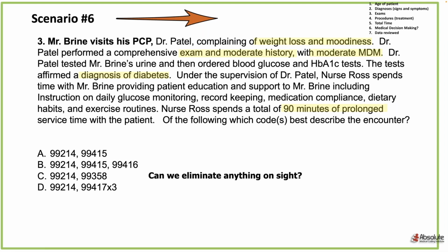The MDM has to be high, and his time has to be documented. We'll talk about that later. But this is wrong, and so is D, because D is also coding for a doctor visit prolonged service. We're coding for the clinical team prolonged services, so we're going to get rid of the distractions, C and D, and let's deal with A and B.